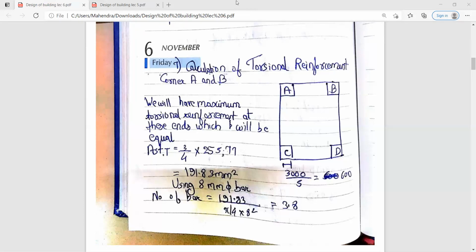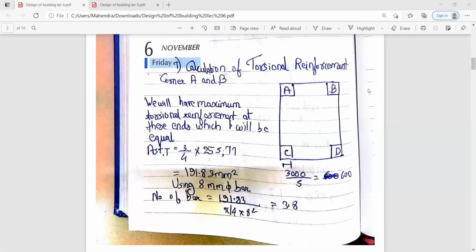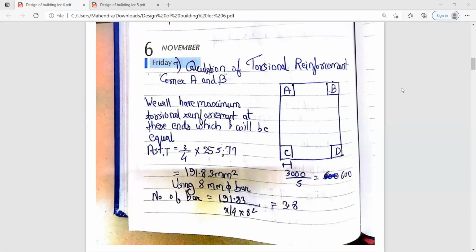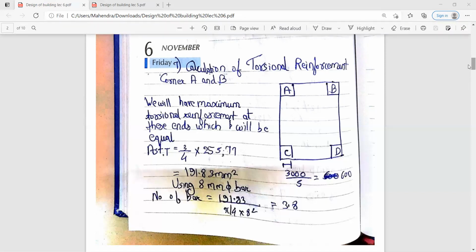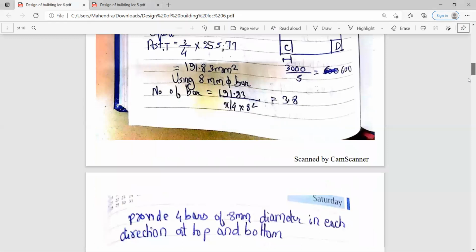The AST you have to use is the one calculated for torsion. So for torsional reinforcement AST will be 191.83. Number of bars will be AST torsional, that is 191.83 upon pi by 4 into d square, that is 8 square. So the total number of bars you get is 3.8, which will be approximately equal to 4. The number of bars for the corners A and B will be 4.